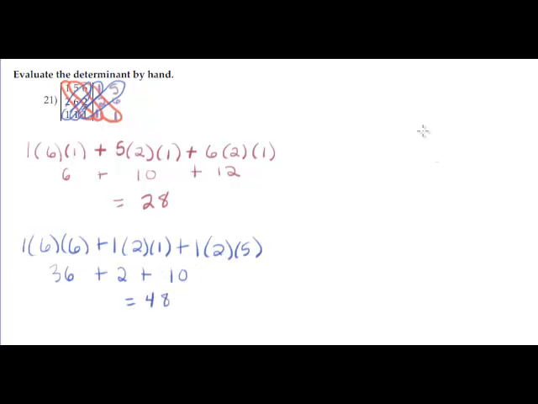Just like with the other determinant, we subtract our diagonals. We're going to subtract these two numbers because 28 is our diagonals going one way minus 48 is our diagonals going the other way, which gives us negative 20.